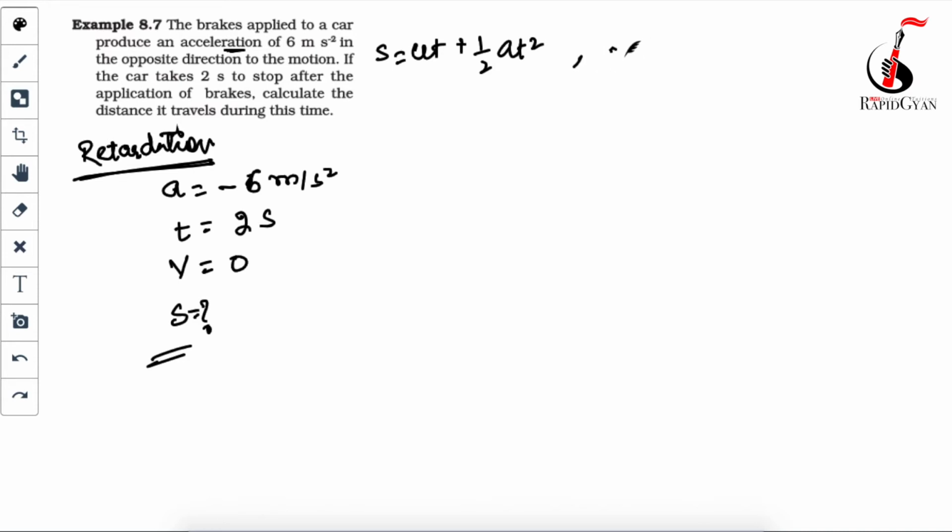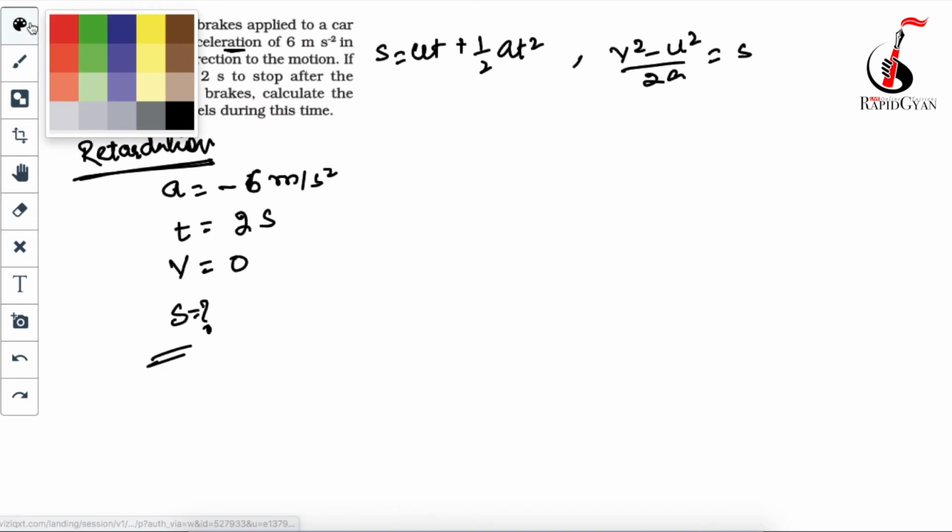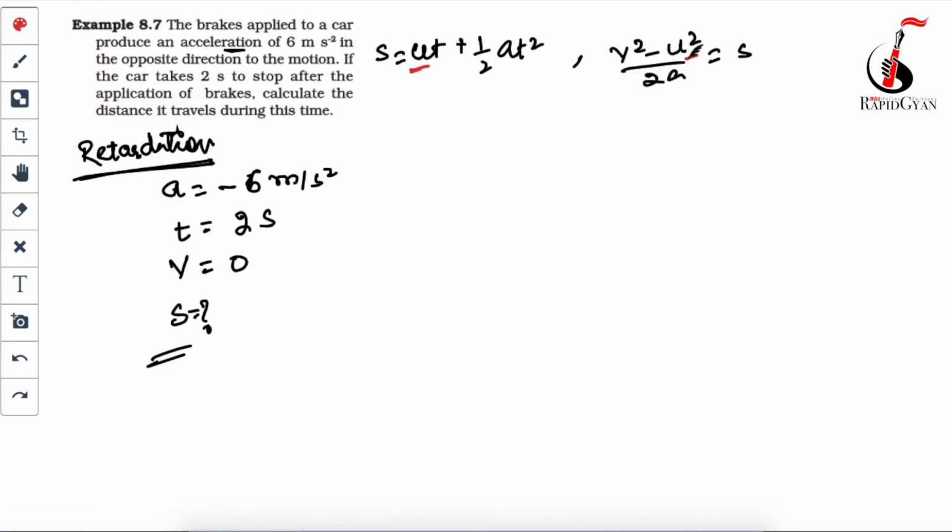The second formula is the third, means V square minus U square upon 2A, which is equal to S. So if you look into this, guys, if I have to find S, in both the formulas we will have to find the value of U. Any one of the formulas you can use, but in both cases, first you will have to find the value of U. Then only you will be able to apply any one of these formulas. So first we will have to find the value of U using the first equation of motion, which is V is equal to U plus AT. Correct? So V is 0, I don't know U, I will have to find out.